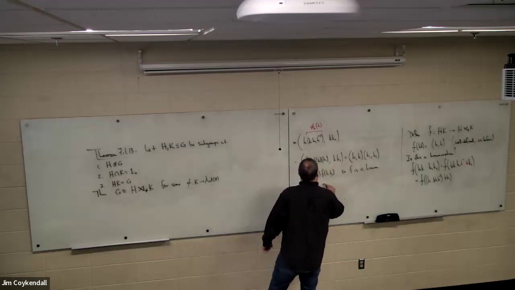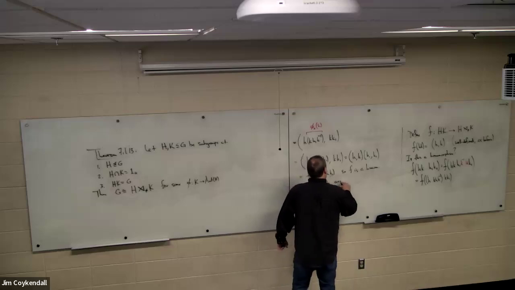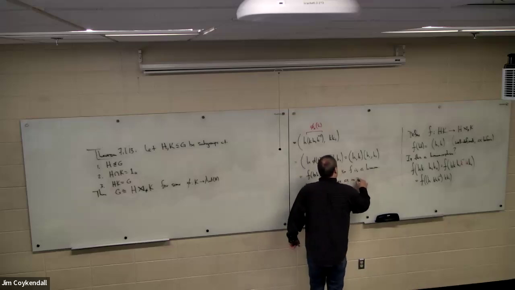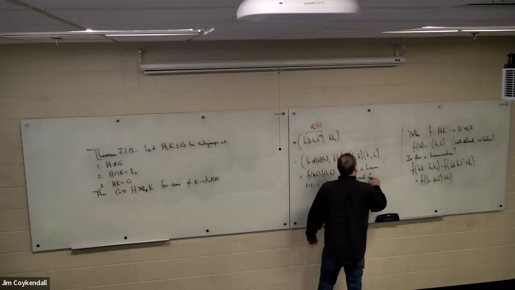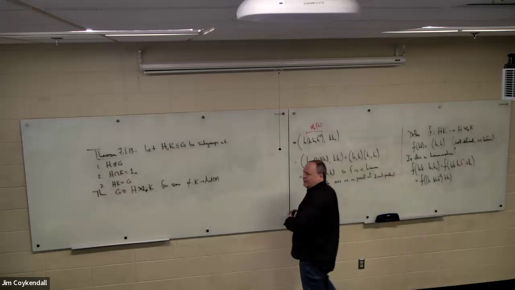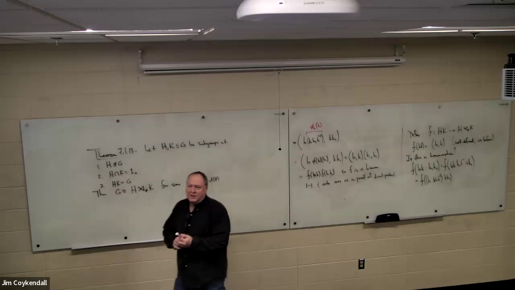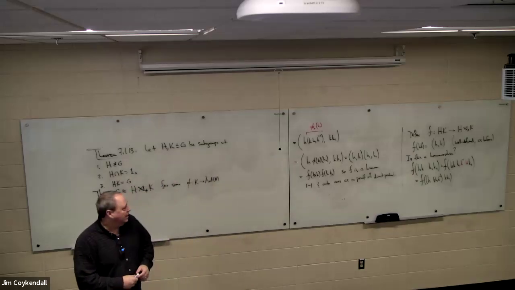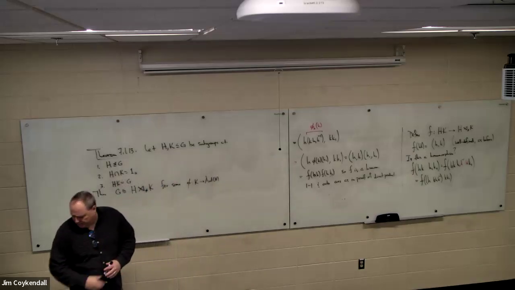One-to-one and onto are as improved for the direct product. In other words, the machinations you go to prove it's one-to-one and onto are exactly the same as what we did in the previous.